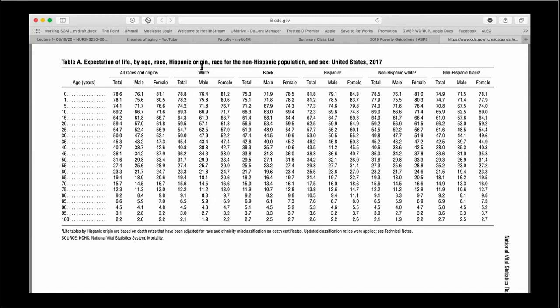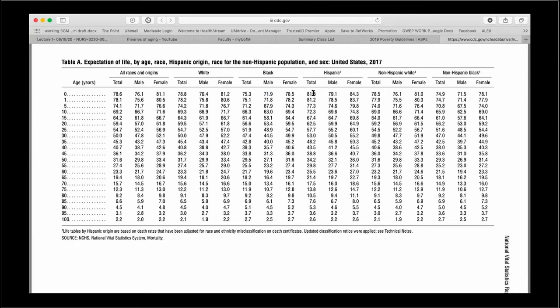But then if you look at differences between races, you can see, again, these disparities popping out. It's beginning to close a little bit, but look at the differences here. Again, we're still seeing the black male around 72 years compared to the white female around 81 years. So a little bit of closing there, but not much.